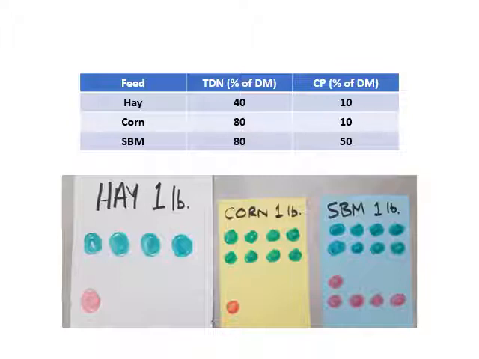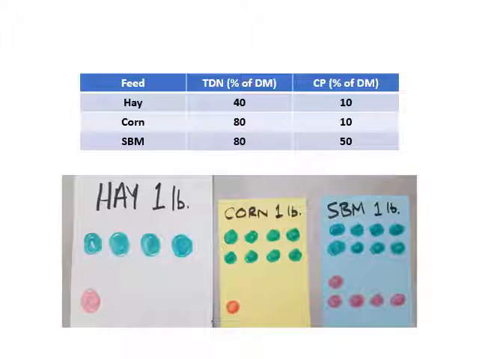Our soybean meal, our feed number 3, if we look at 1 pound, is 80% TDN, 50% crude protein. So every pound of soybean meal has 1, 2, 3, 4, 5, 6, 7, 8 green dots, each representing 1/10 of a pound.